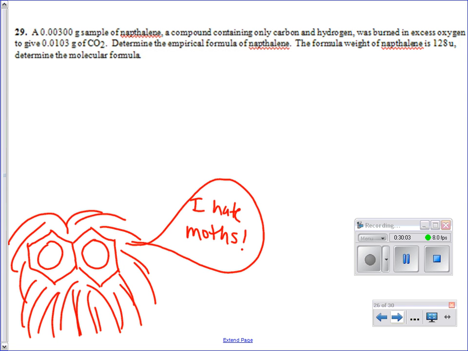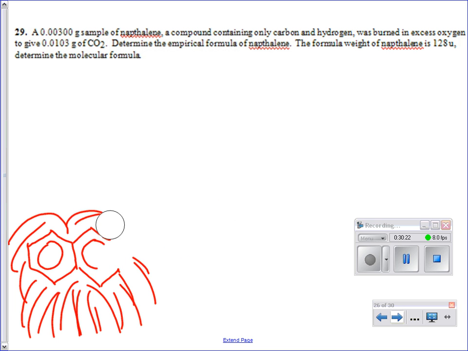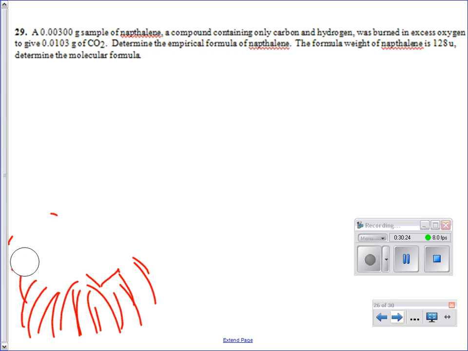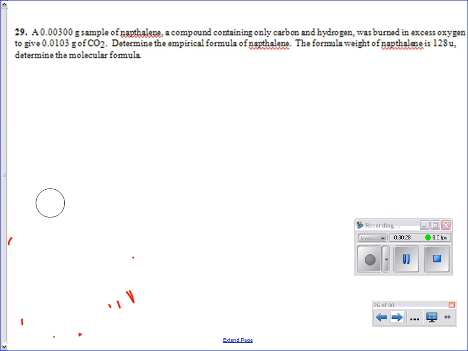And naphthalene is mothballs. So that's how I remembered it. So I'll never forget the structure of naphthalene. It's actually never come in handy in my life. I thought it might. No, never. It's never come up at a party or at a restaurant. So anyway, since I know the structure, I kind of know what the molecular formula is, but we're going to pretend you don't know the structure and actually solve this problem.